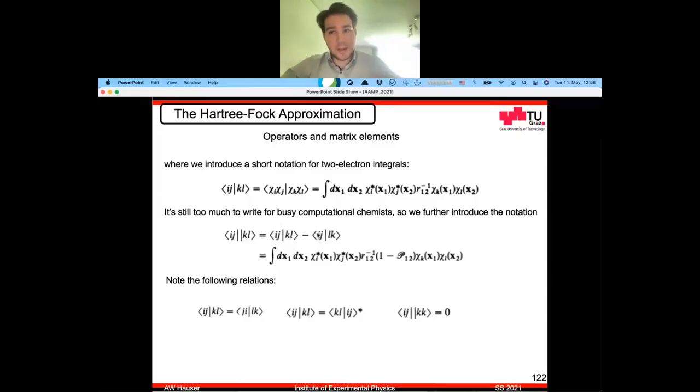We are looking at these abstract quantum mechanical state vectors in the space of electron spatial coordinates and spin coordinates, and integrating this out explicitly.